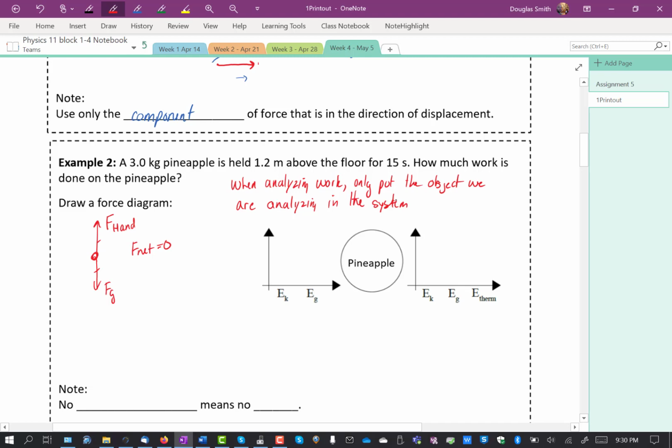We're looking at the things acting on the pineapple. It's the thing we're doing a force diagram. That's the pineapple. So that's what goes in the system. Okay, it's not moving, so there's no kinetic. Say it has maybe 3 bars of gravity there, and then later on, still not moving, still 3 bars of gravity. So it's balanced already, so we don't have to do anything with work.